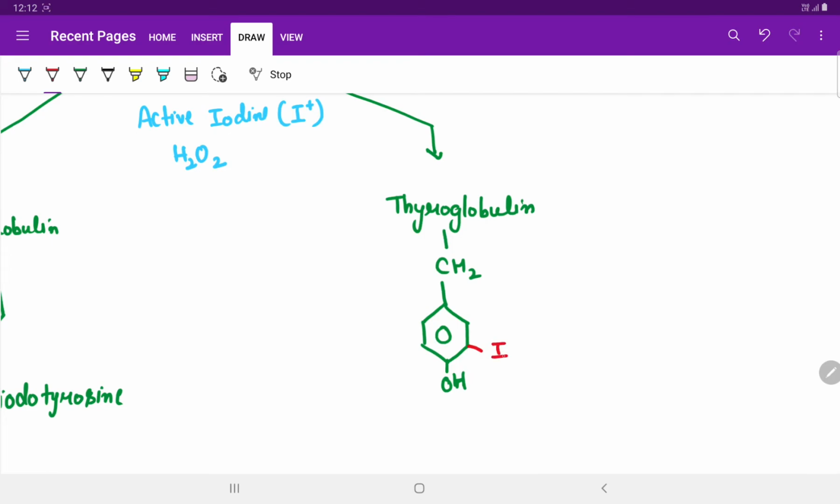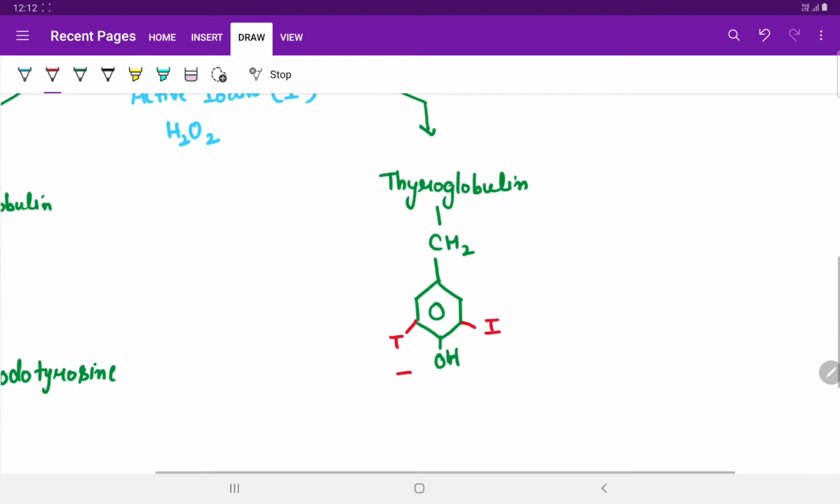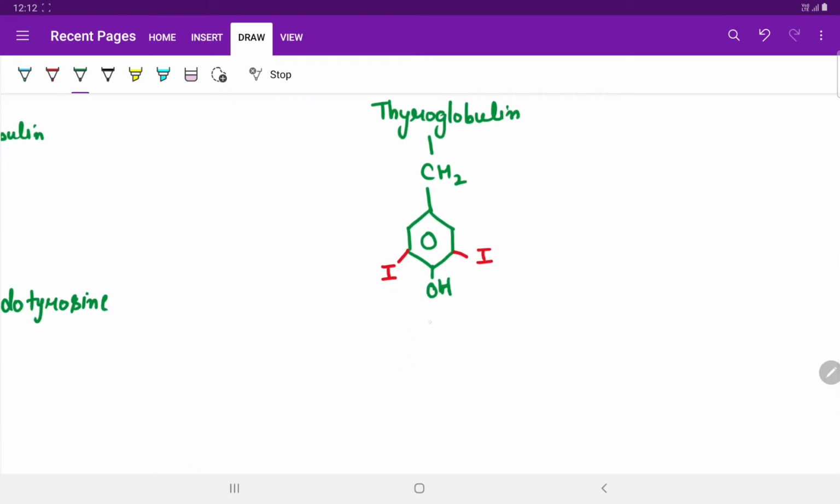So the two activated iodines will be attached here, and this is the structure of diiodotyrosine.